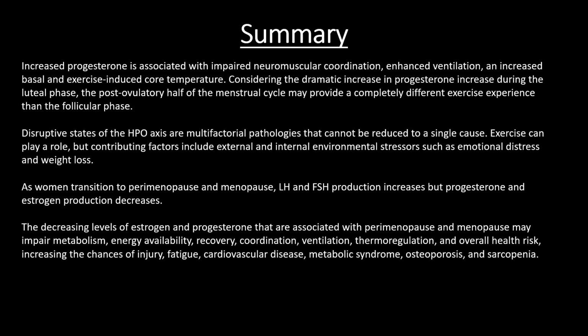And disruptive states of the HPO axis, such as functional hypothalamic amenorrhea, are multifactorial pathologies that cannot be reduced to a single cause. Exercise can play a role, but contributing factors include external and internal environmental stressors, such as emotional distress and weight loss, as we touched on. And as women transition to perimenopause and then menopause, gonadotropin production increases, but progesterone and estrogen production decreases, which, as already talked about, can impair metabolism, energy availability, recovery, and coordination, ventilation, thermal regulation, and overall health risks.